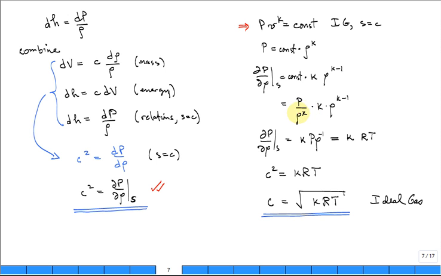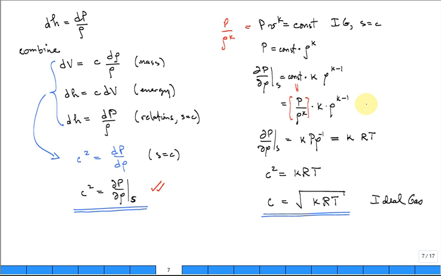Then you can replace that constant. This constant is P v to the k, or that constant is also P over rho to the k, true? Mass density is the inverse of specific volume. And so you replace that constant right here. And then you cancel, and you're left with dP d rho equal to k times P over rho.